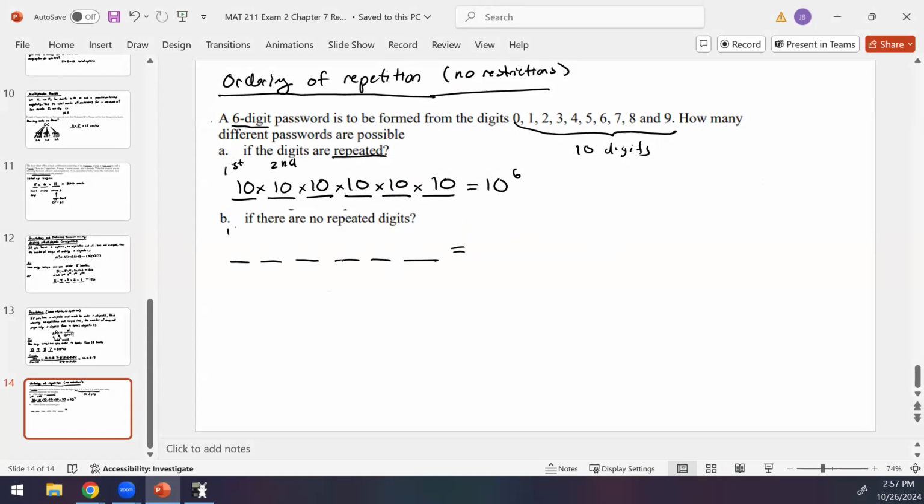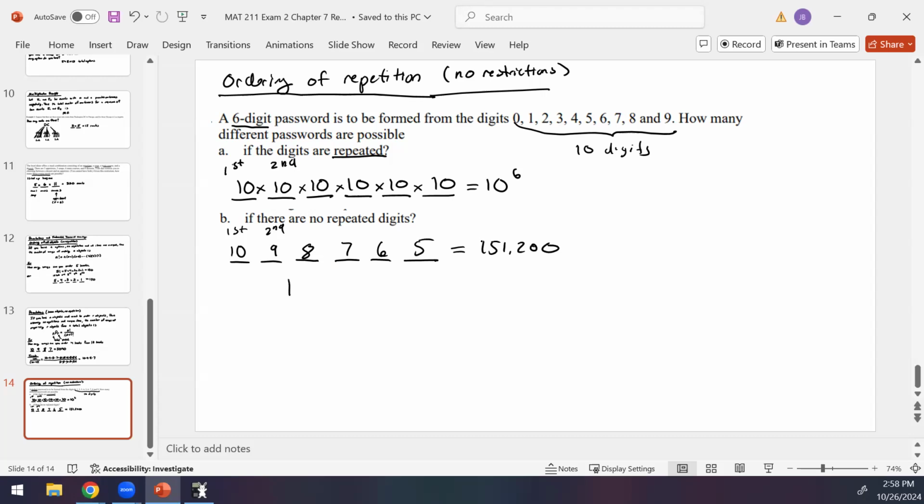But now for the first one, I have 10. I still have 10. But once you use one number, you can't use it again, right? So then you have to go down to your second one. Now you have 9, and then 8, and then 7, and then 6, and then 5, right? And so if you multiply that out, you get 151,200.